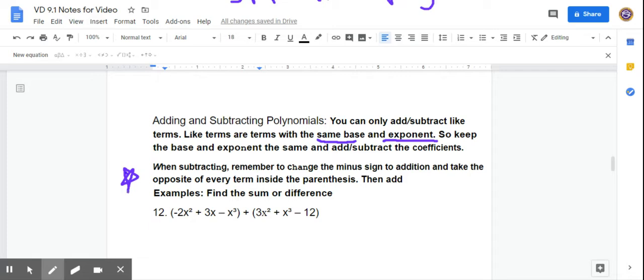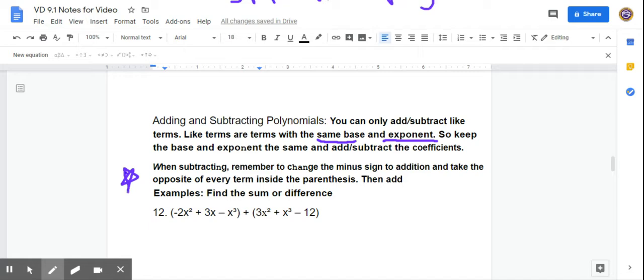So you're distributing that negative sign, or -1, over each term in the parentheses that follows it. All you need to do is change the minus to a plus and take the opposite of every term in the parentheses after it. Then everything will be its correct sign when you add and combine like terms.